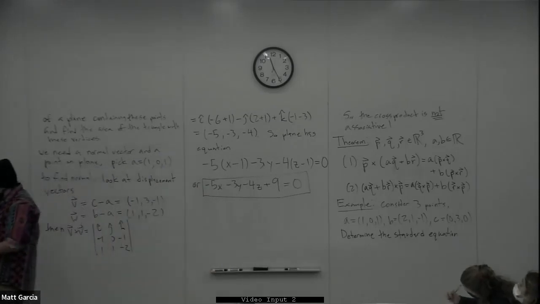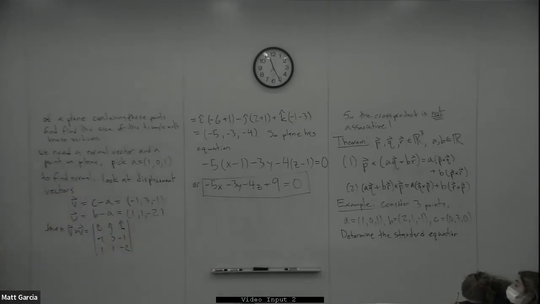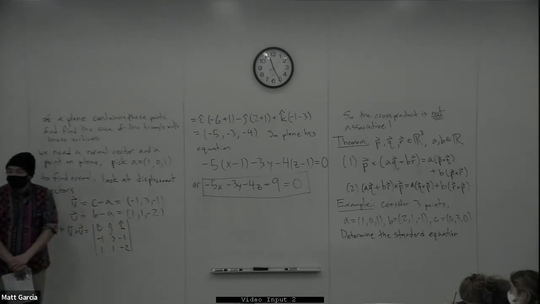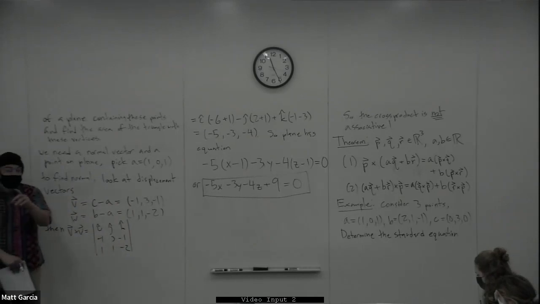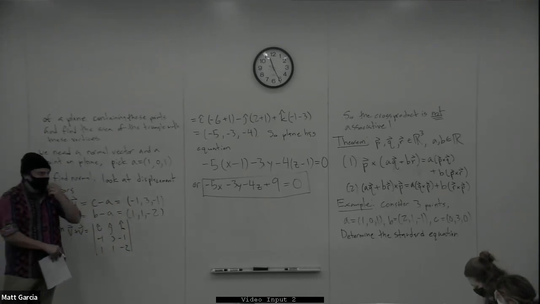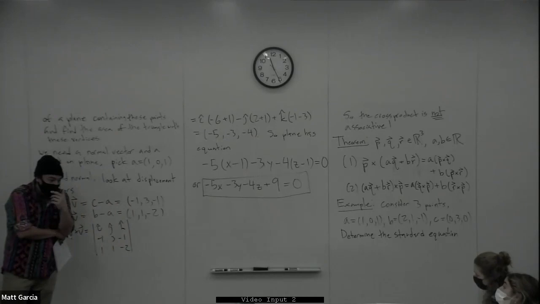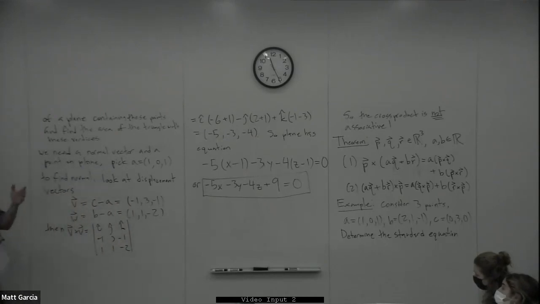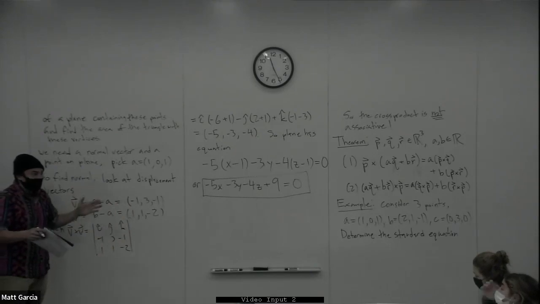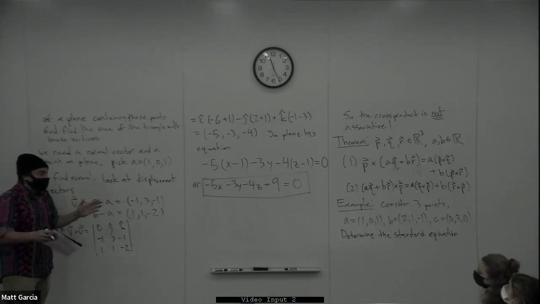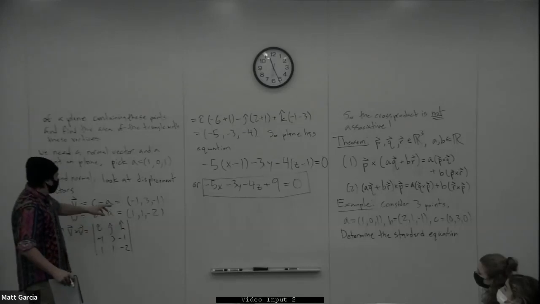Now, how do I compute the area of the triangle that has vertices A, B, and C? Where earlier today did we see an area? Yeah, go ahead. Is it like half the area of the cross product? Or the magnitude of the cross product? Yeah, remember, the magnitude of the cross product is the area of the parallelogram that is spanned by these displacement vectors.